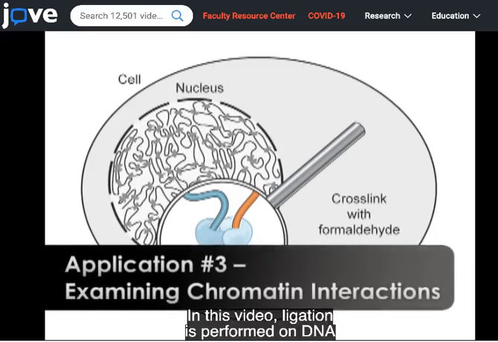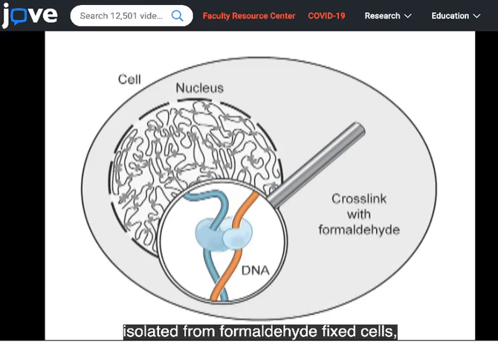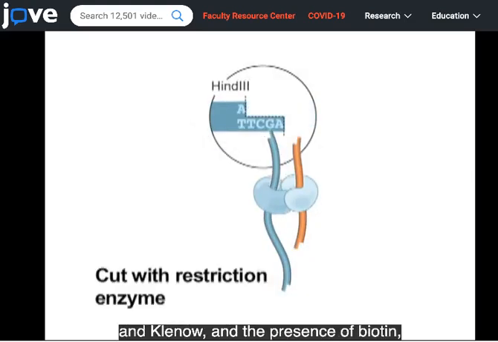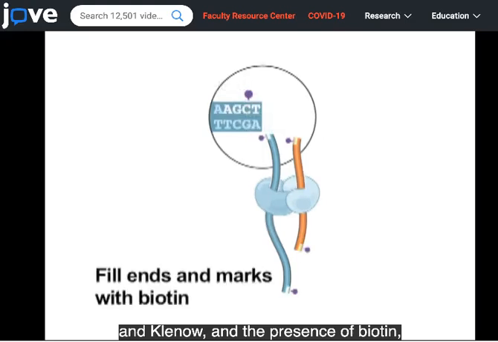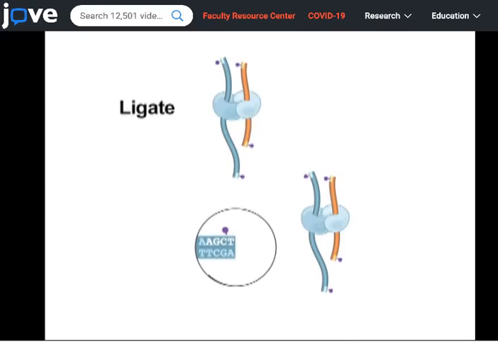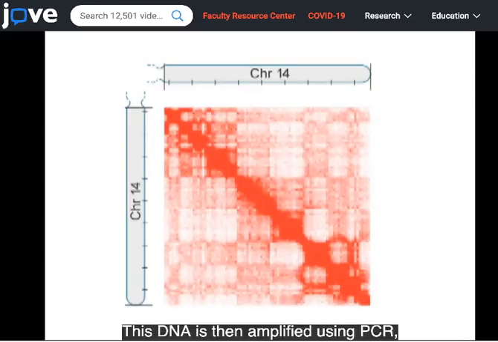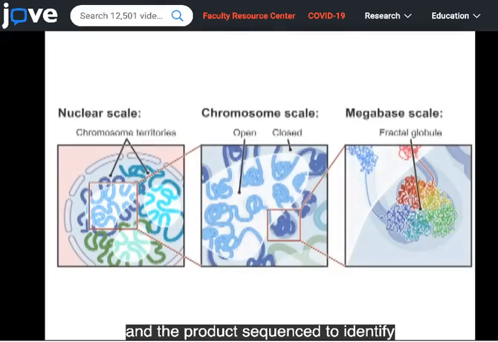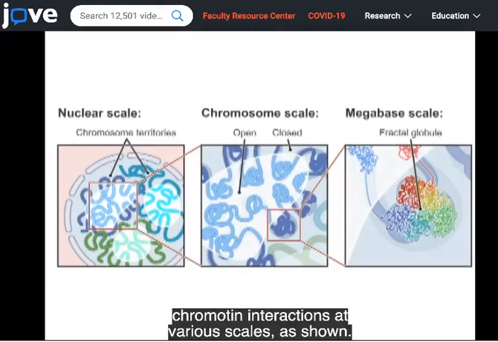In this video, ligation is performed on DNA isolated from formaldehyde-fixed cells and subsequently treated with the restriction enzyme and Klenow in the presence of biotin, which is then used to pull down ligated DNA. This DNA is then amplified using PCR and the product sequenced to identify chromatin interactions at various scales as shown.